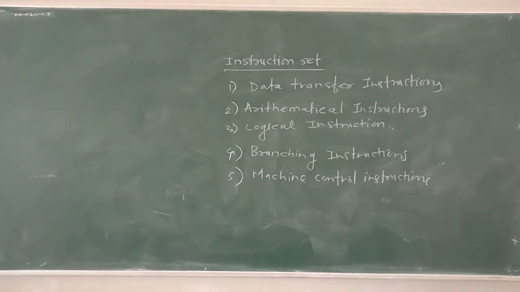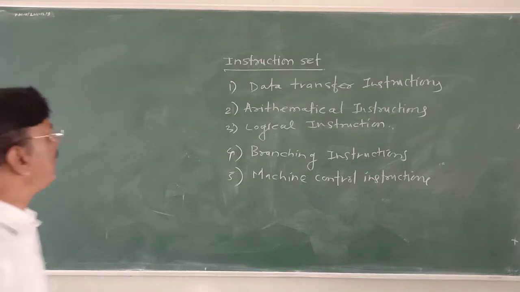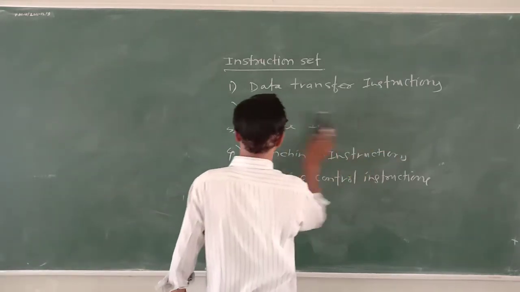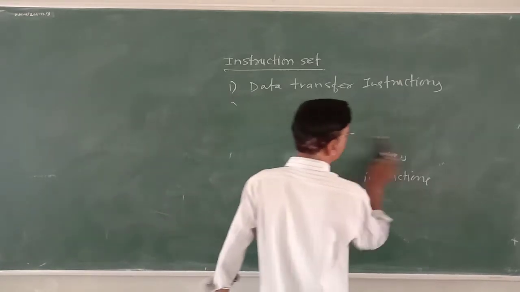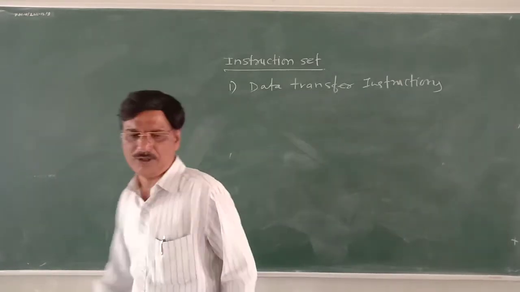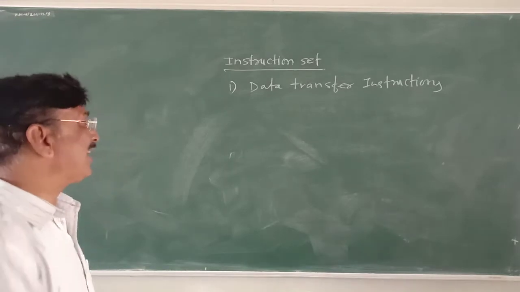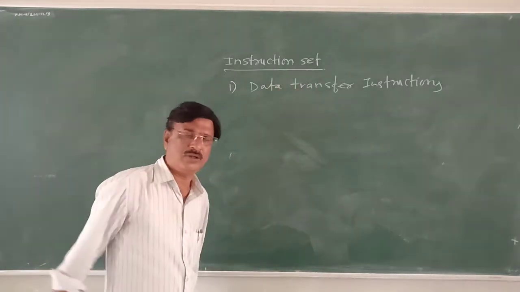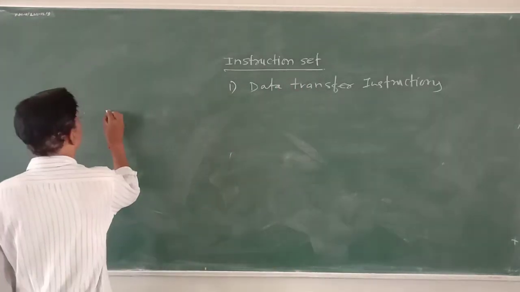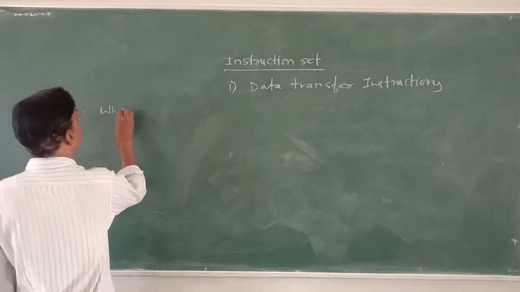So one by one all the instructions should be studied. Now first group, that is data transfer instructions. Before that we are going to see what an instruction is. Question: what is instruction?